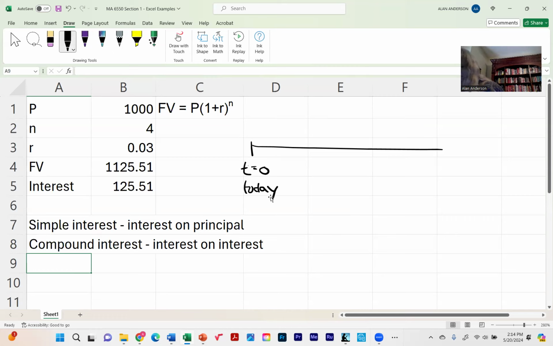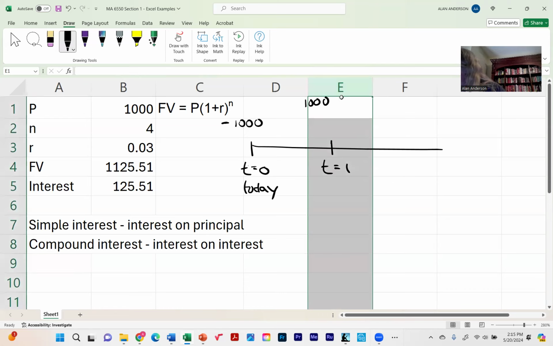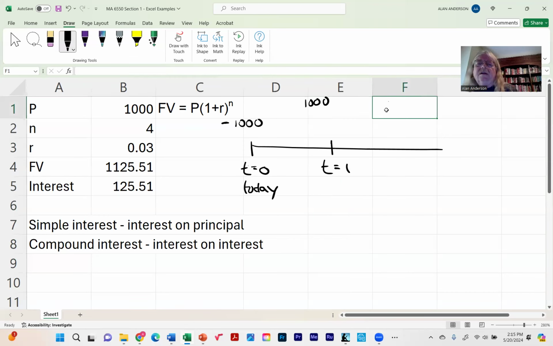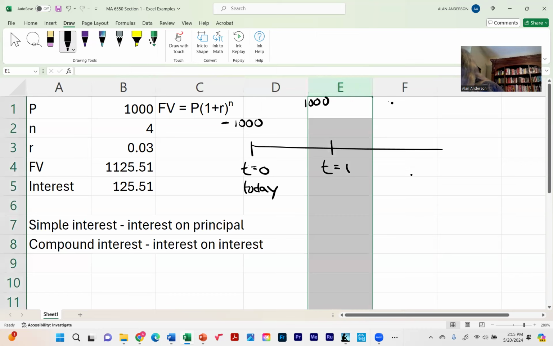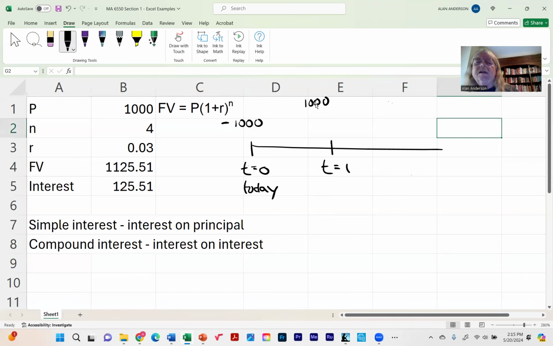So we put $1,000 in the bank. We often illustrate that with a negative sign to indicate that this is money coming out of our pockets. Now, in 1 year, how much will we have in this account? We earn 3% worth of interest.